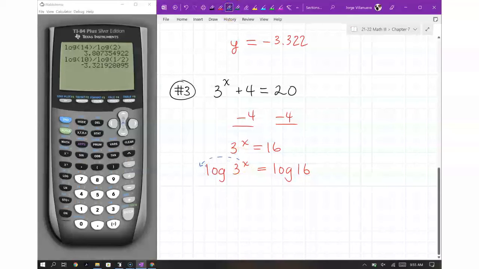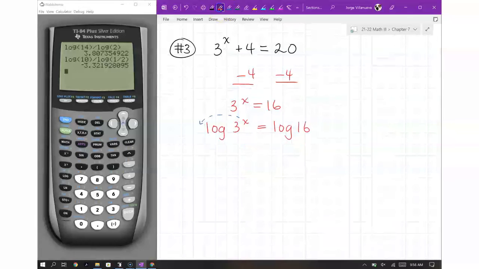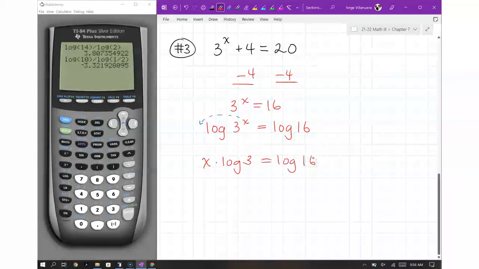These are the basic problems right here. You want to get that power down. So we have x times log of 3 equals log of 16. And remember, all we're doing is dividing at the end just to get x by itself. So let's divide by log of 3.